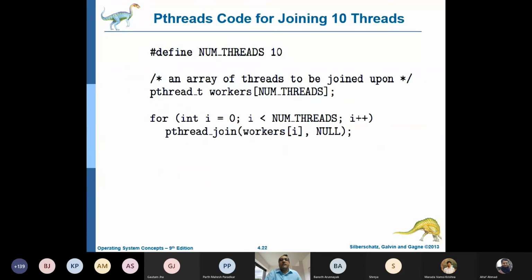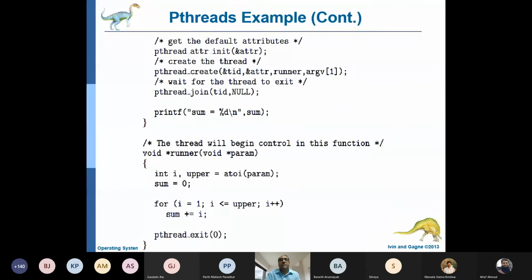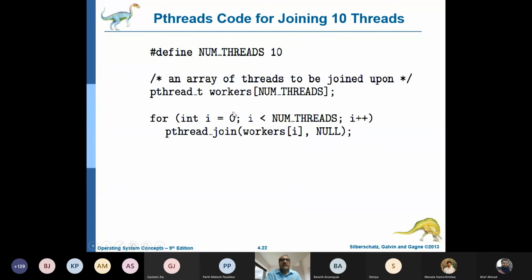Sometimes you are creating multiple threads. The previous example just illustrates that only one thread is created, and upon completion, the parent thread starts execution. In general, you mostly create multiple threads. Suppose you are creating 10 threads, and then the parent process, upon creating these 10 threads, has to wait for completion of all of them.